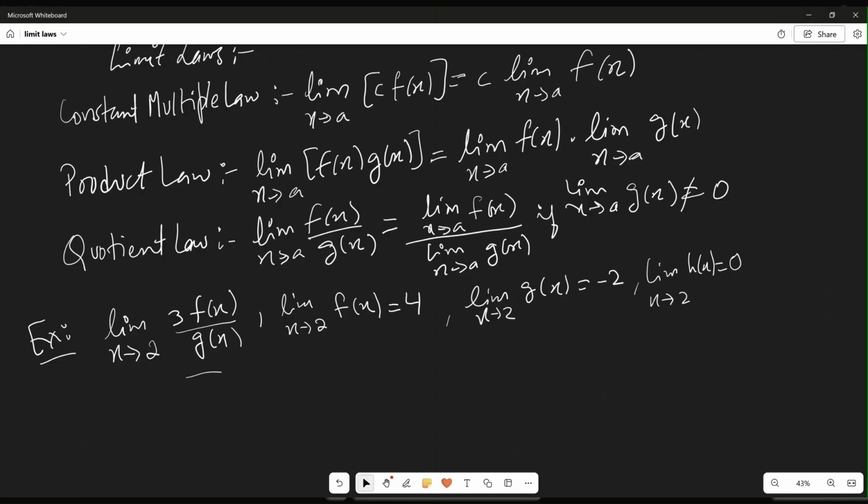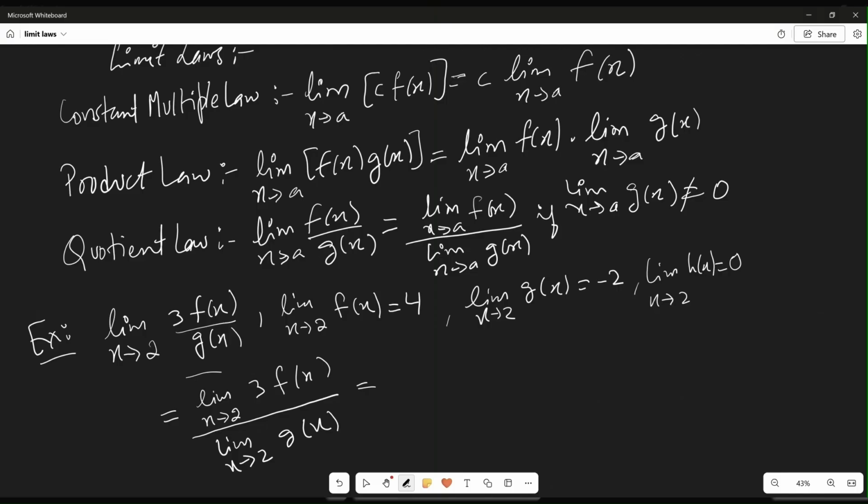So how do we write this? This is equal to the limit as x approaches 2 of 3 times f(x), divided by the limit as x approaches 2 of g(x).